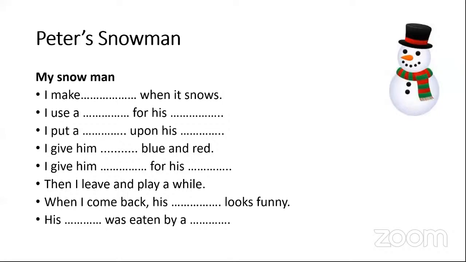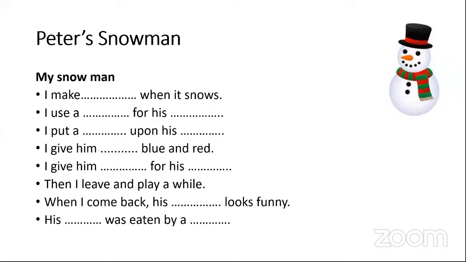Until you are trying, I will read the poem for you. Peter's snowman. My snowman. I make when it snows. I use a for his. I put a upon his. Upon means on.